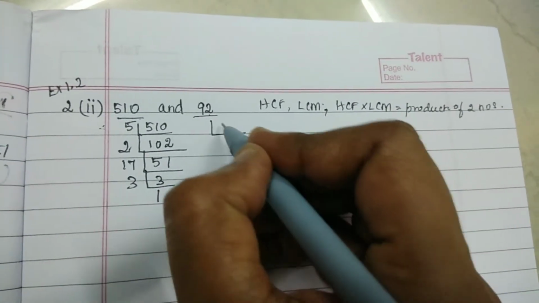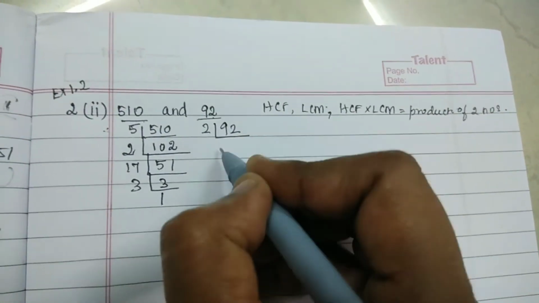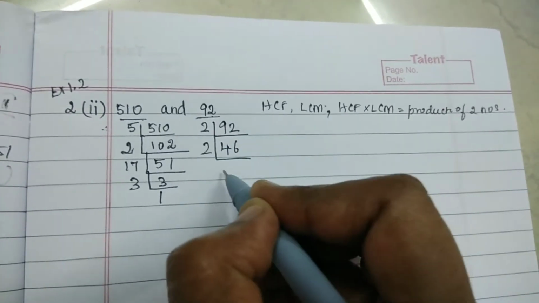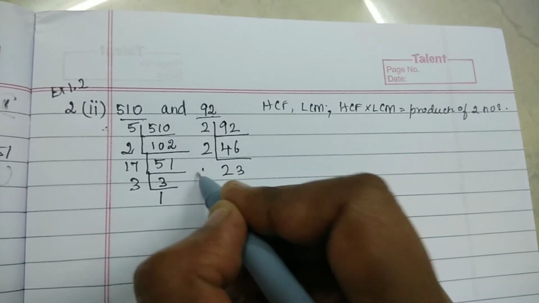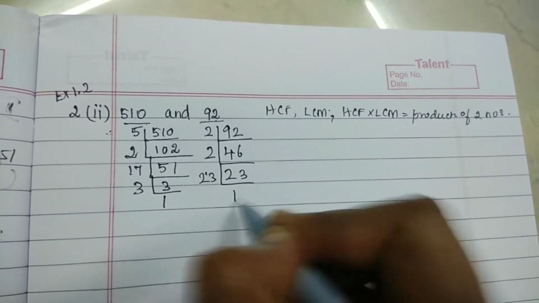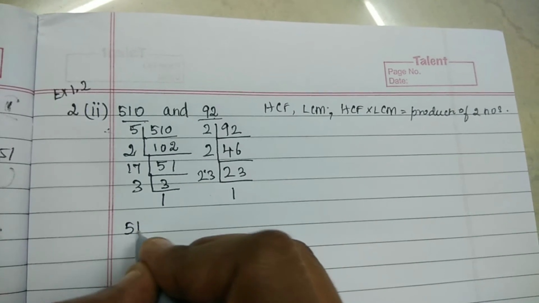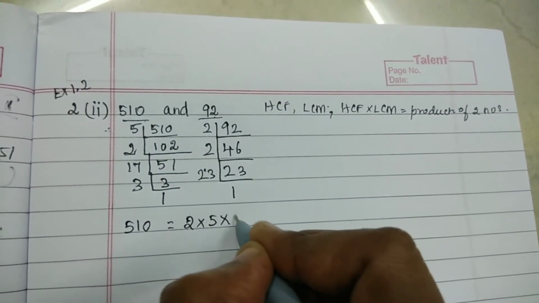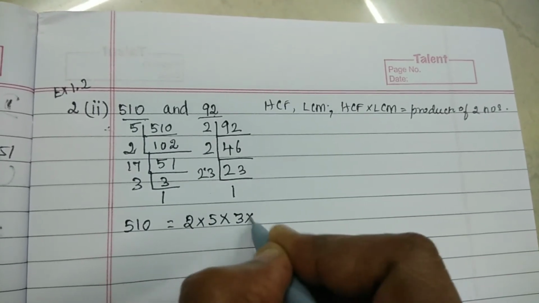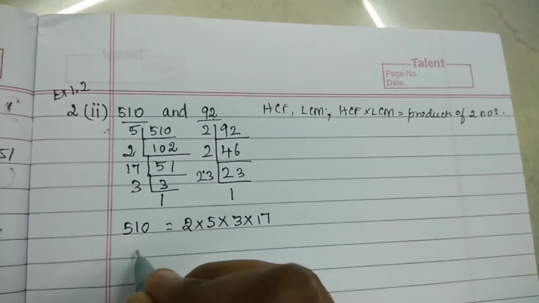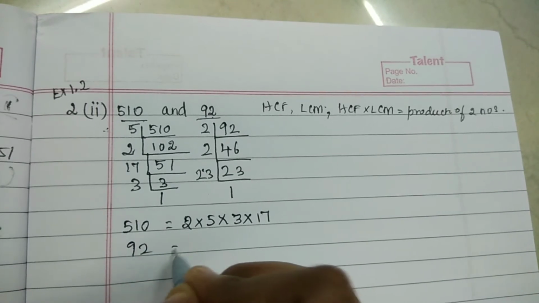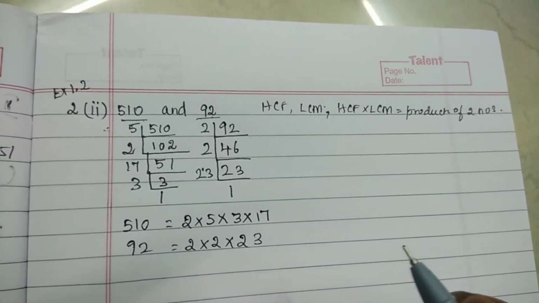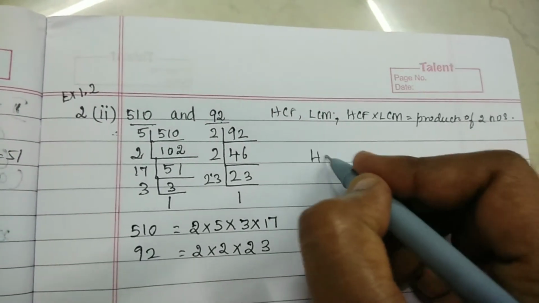For 92, again you can go by 2, 23, 23 ones are 23. So for 510 it will be 2 into 5 into 3 into 17, and for 92 it will be 2 into 2 into 23.